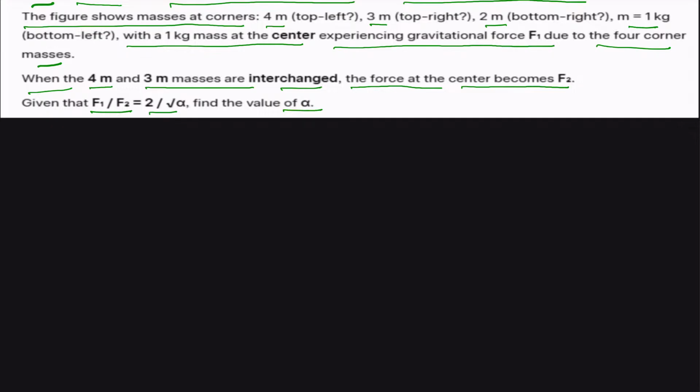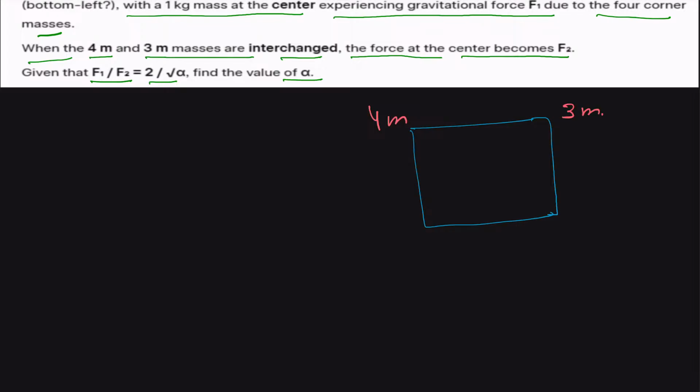So here this question is not clear, but basic. We are given that we have 4 masses, and each is placed at a corner. So we have 4 masses and their positions are given to us, 4m, 3m, and this is 2m, and this is m.